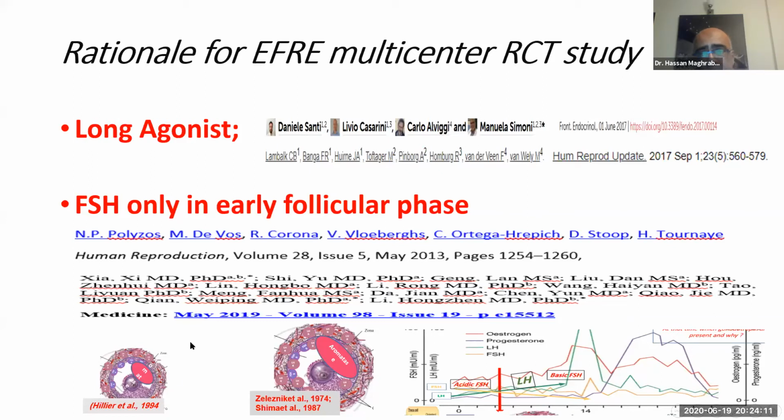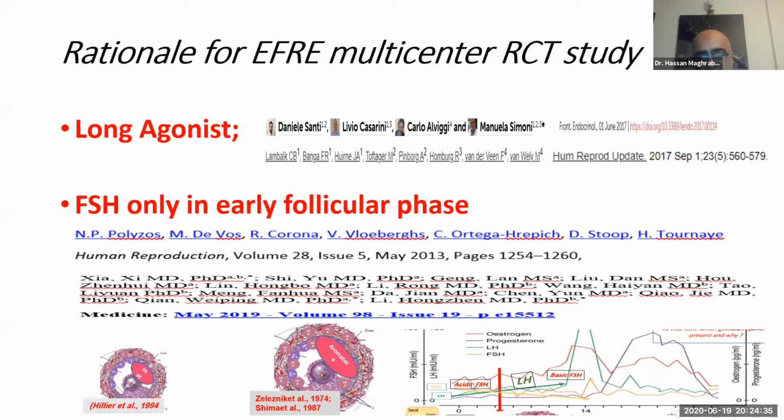And there is a well-known physiologic fact that early follicles do not have LH receptor. So there is no meaning of giving LH at this time except to act on the theca cells. And when follicles exceed 12 millimeter, they start to have LH receptors on the granulosa cells, and then we can use LH at this time.